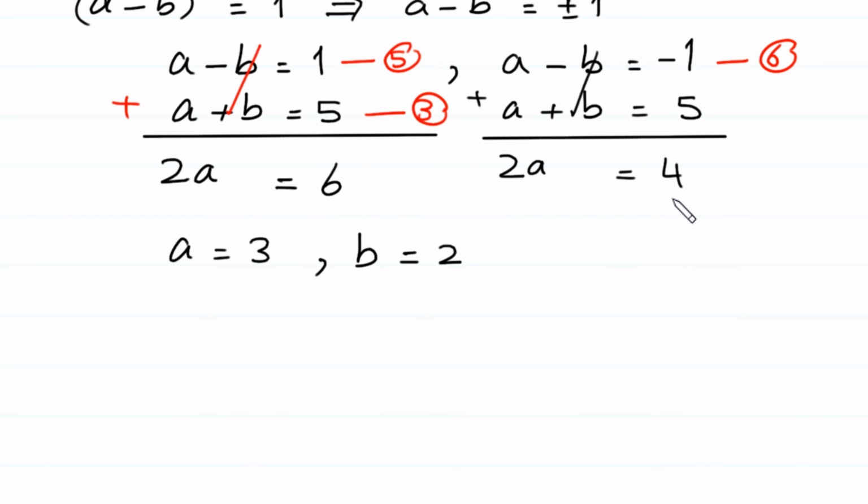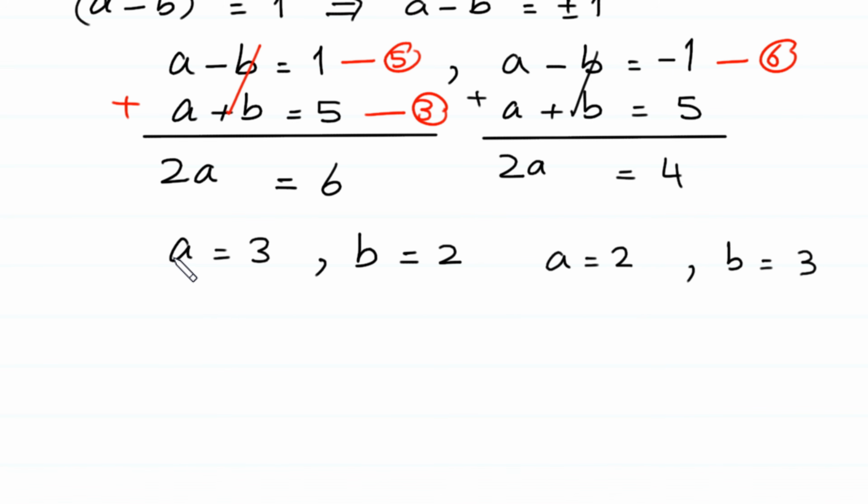And if we divide both sides by 2, we get the value of a is equal to 2. And if we put this value of a 2 in this equation 3, we get the value of b is equal to 3.